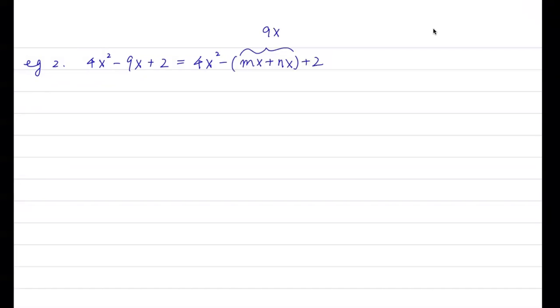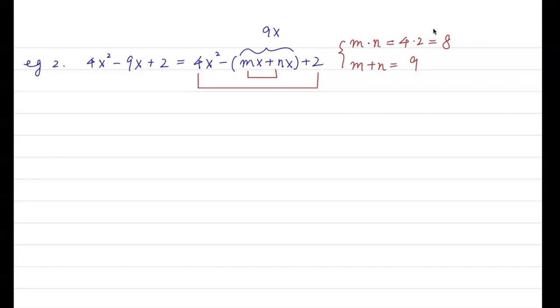And because of the very interesting property that I mentioned in our last video, m times n should be equal to the product of the outer coefficients, which is 4 times 2, which is 8. And we know that m plus n is equal to 9, right? So in other words, we're looking for two integers whose product is equal to 8, whose sum is equal to 9.